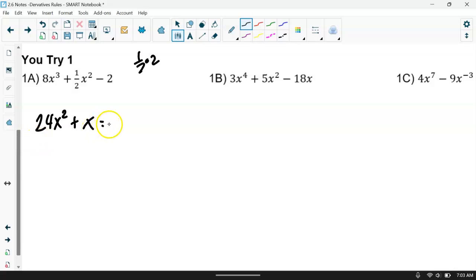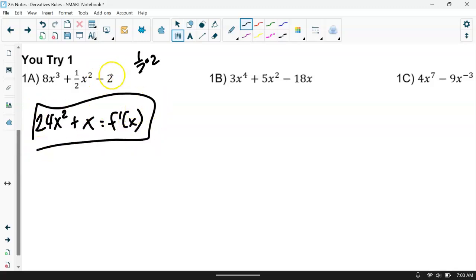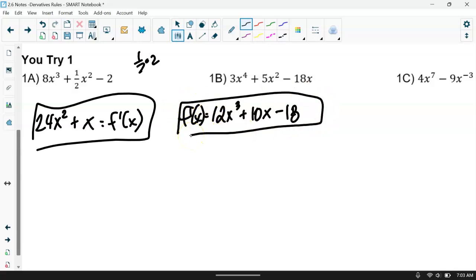And that is your derivative, because the derivative of a constant is 0. So then here, your derivative of this function was 12x to the 3rd from 4 times 3 here, subtract 1, plus 10x minus 18. That is your derivative of your second function.